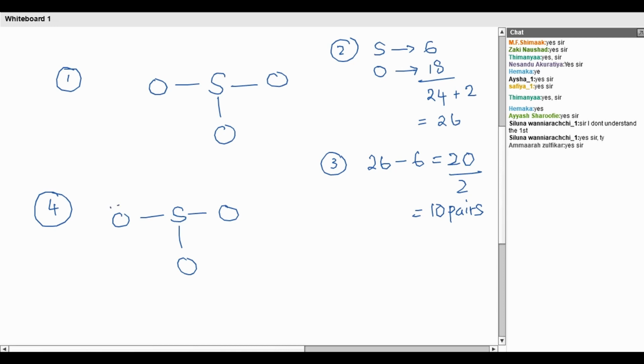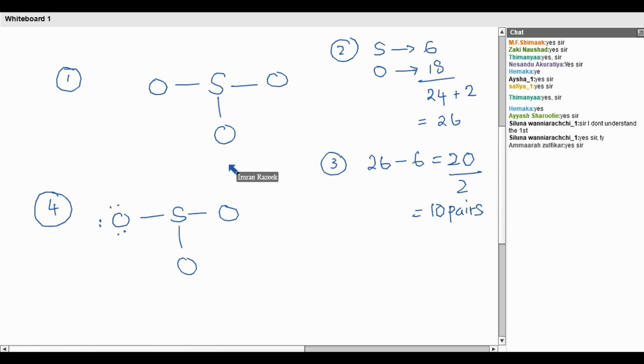I can put 3 pairs on this oxygen. Why 3 pairs? Oxygen will have 8 electrons overall. 1, 2, 3, 4, 5, 6, 7, and this electron from the sulfur, after forming the bond, makes 8 electrons.